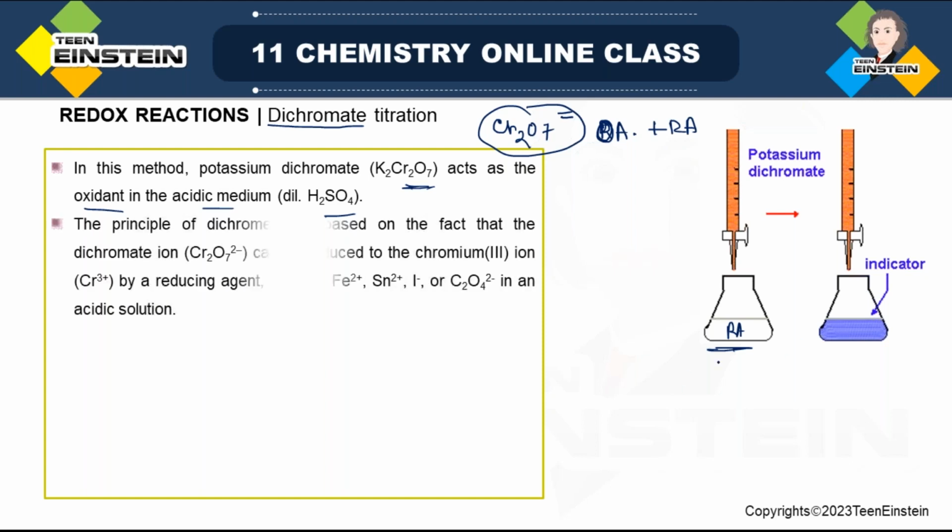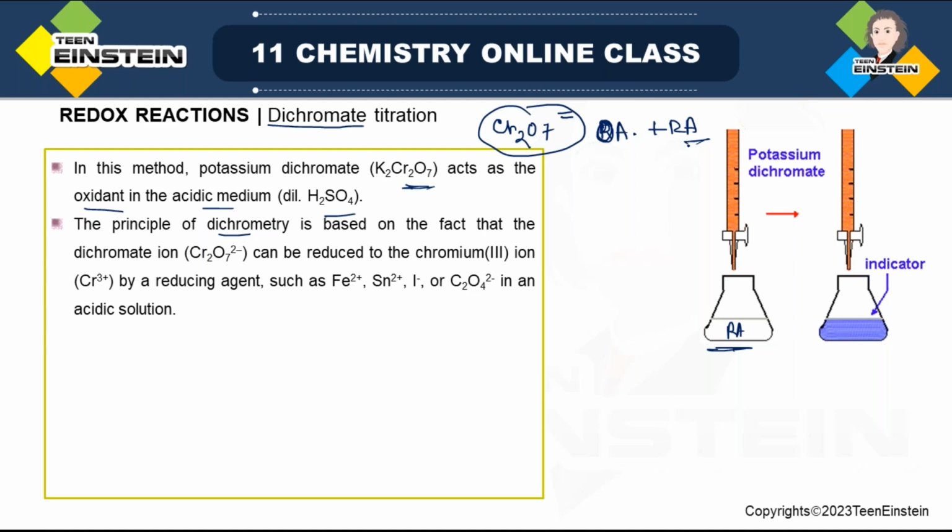So here is the principle of dichrometry, just as in the case of permanganate titration we use the term permanganometry. Metry means to measure, and as the titration name is dichromate, we are measuring the unknown concentration of the reducing agent, that is the analyte.